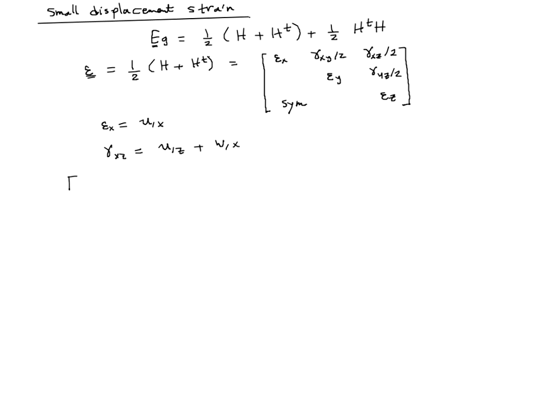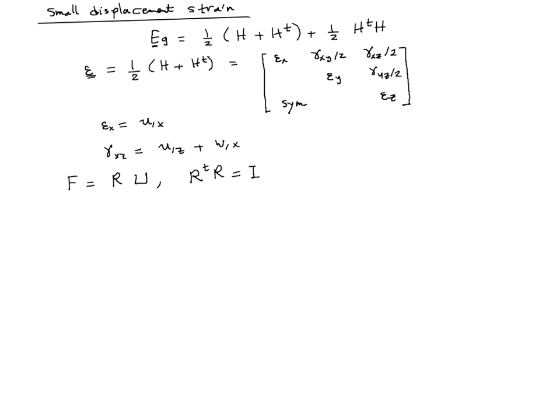So to do that, we start from F equals R times U, where F is the deformation gradient, R is a rotation matrix, and U is a symmetric matrix which measures the stretch in the structure. And since R is a rotation matrix, we know that R transpose R equals a unity matrix.